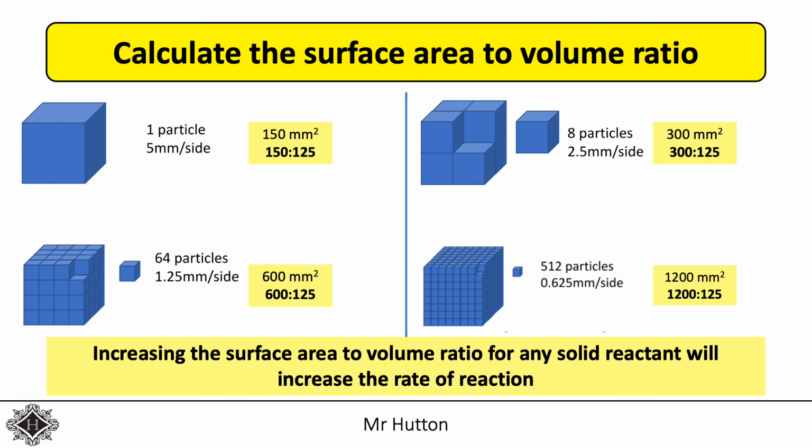If we were going to use a lump of calcium carbonate, for example, a piece of chalk, we could crush that up into tiny little pieces and use that instead. The tiny little pieces, the powder, would have a much larger surface area to volume ratio than the piece of chalk itself.